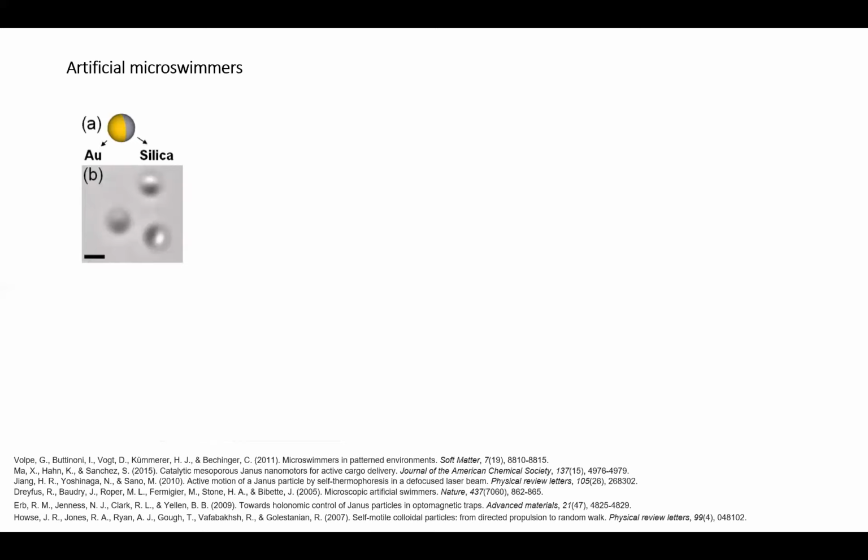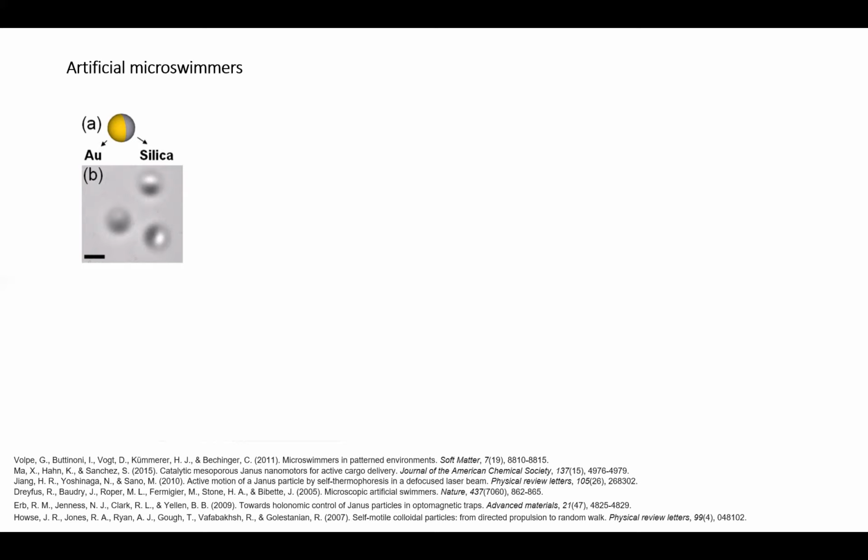One of the first ways people thought of is this particle that we named the Janus particle. It takes its name from the two-faced god, because it has two faces. People took a microscopic sphere made of silica and coated one side with gold.